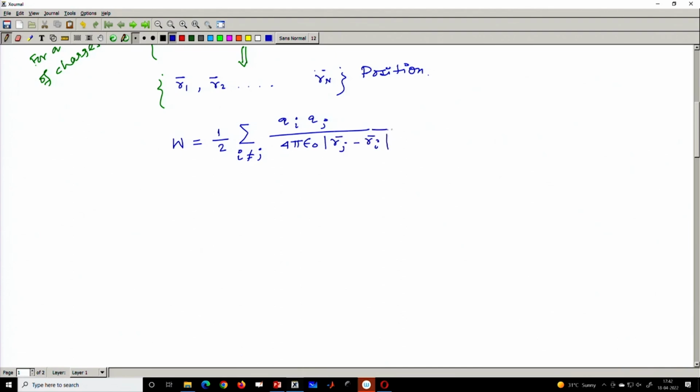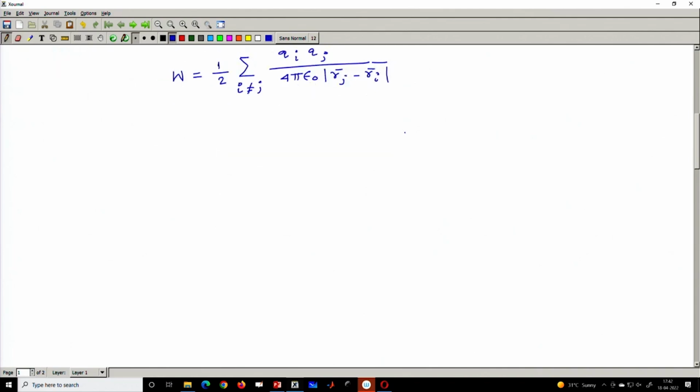Another way it is defined, if I don't want to put this half term, is simply to add these things for all pairs, Qi Qj divided by 4 pi epsilon 0 and that quantity.